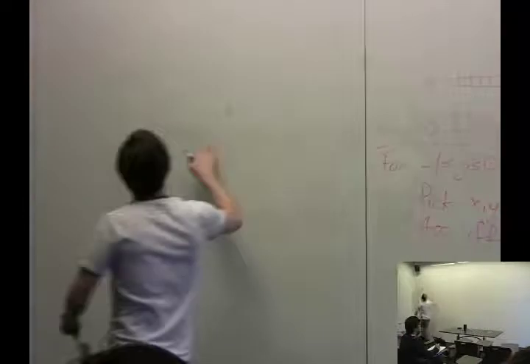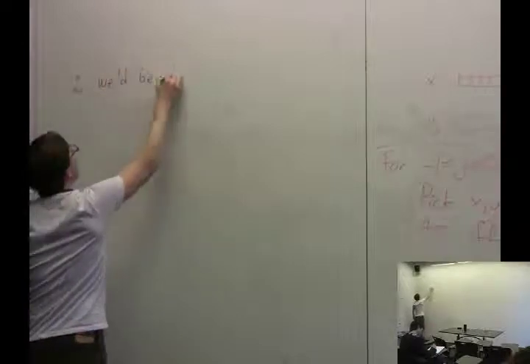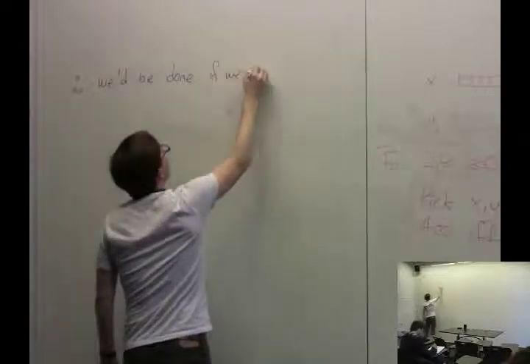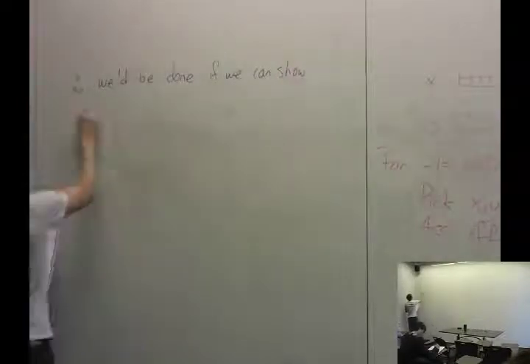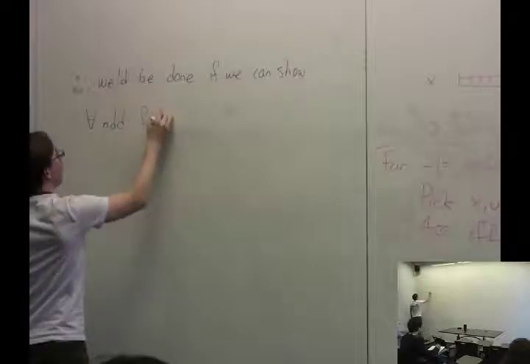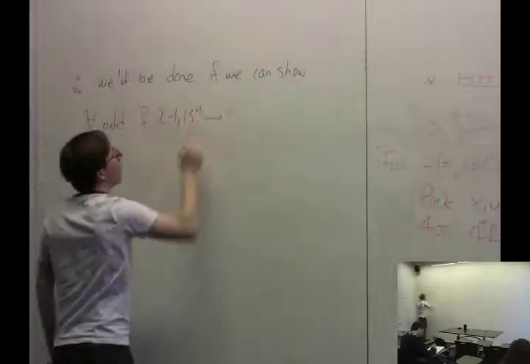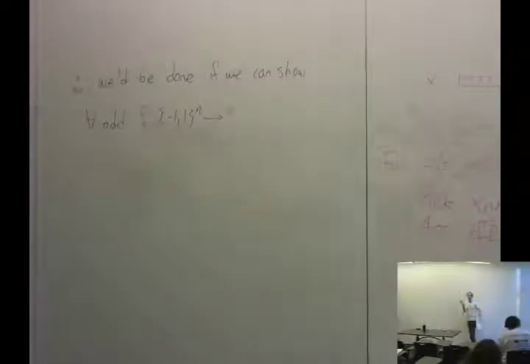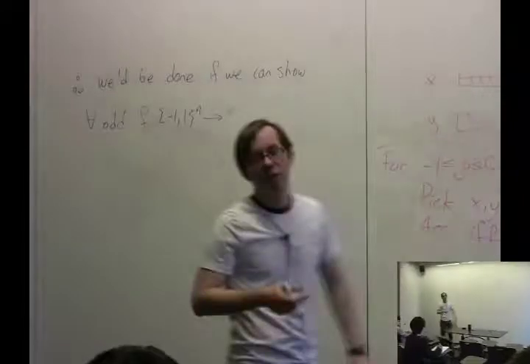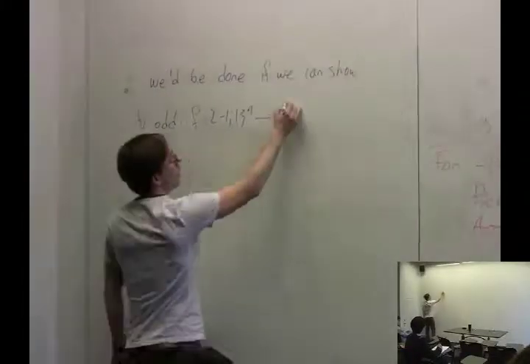OK, so given that, I'm going to prove a slightly stronger result that will imply this thing. So what I want to say is, therefore, we'd be done if we can show that for all odd f, if you have a function f whose range is plus or minus 1, and you take its odd part, remember it's defined by f of x minus f of minus x over 2, its new range will actually be minus 1, 0, or 1.